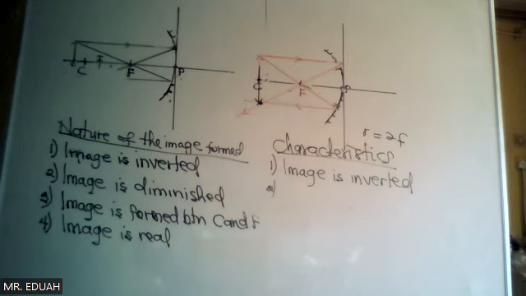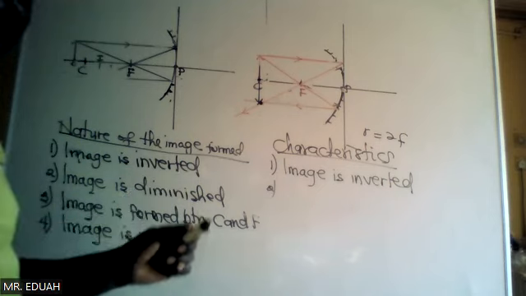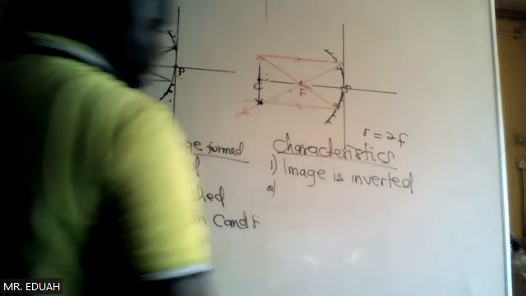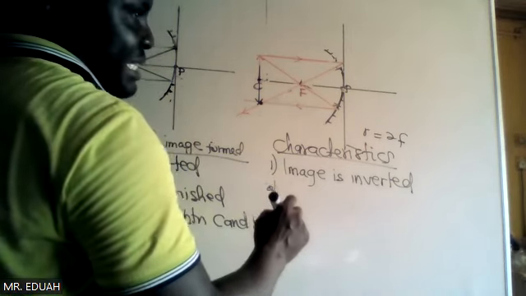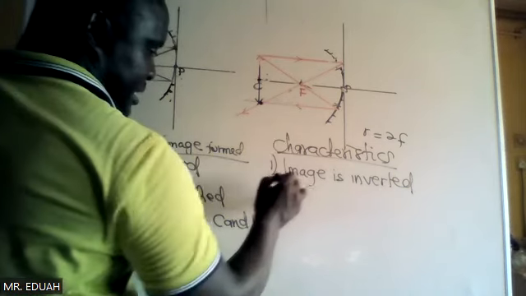The distance from the object to the mirror is equal to the distance from the image to the mirror. Exactly. And technically, this is said to be image is located at the same position as the object.